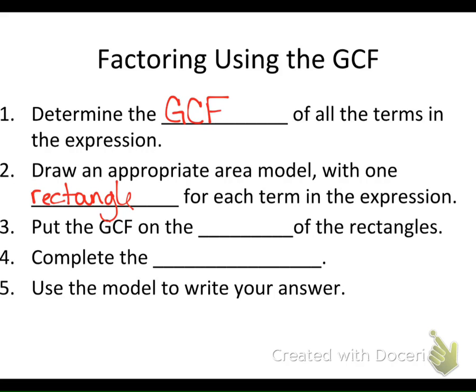Then you put the greatest common factor on the blank of the rectangles. That greatest common factor represents the what? When we found the greatest common factor of the first terms, what was the greatest common factor of my 6 and my 8? That was 2a, right? What did that greatest common factor become?